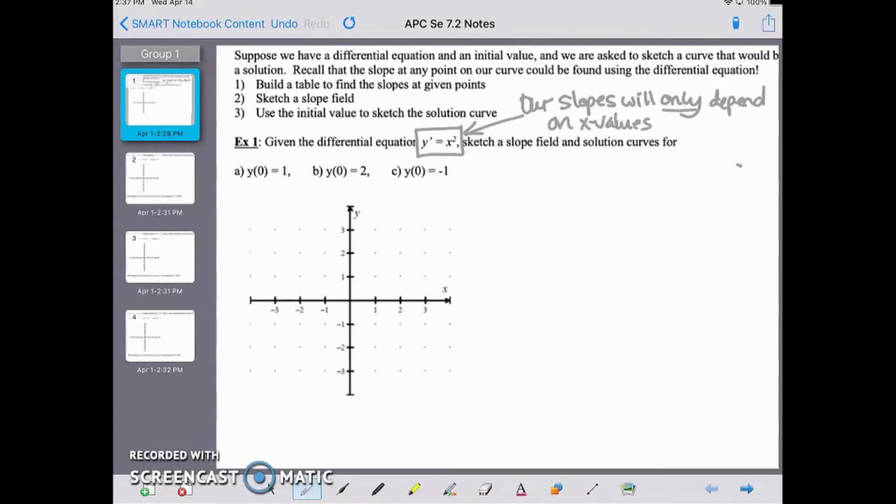Our slopes will only depend on x values of our ordered pairs. And this is because y prime is equal to x squared.